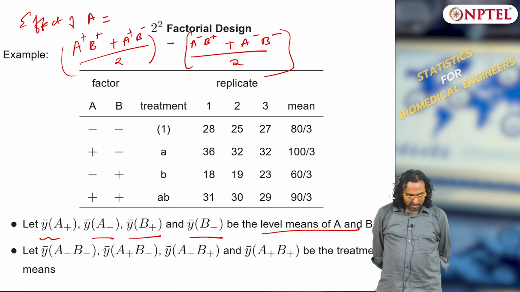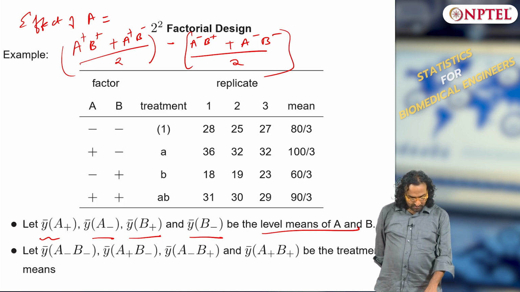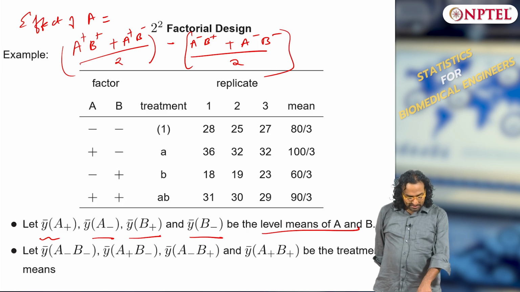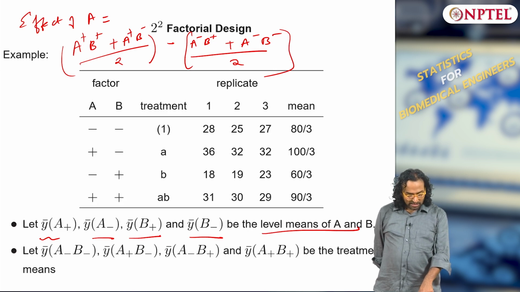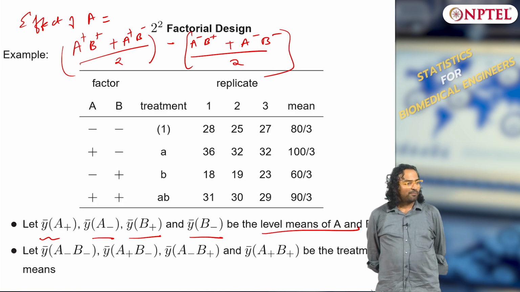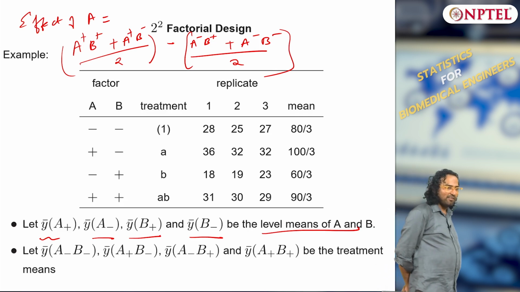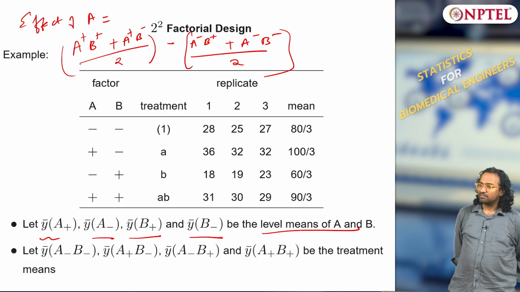Have the data, look at it. 100 by 2, how did you get 100? 36, what are the first A plus values? 36 is A plus and then 31, right? So 36, 32, 32, 3 of them, and then 31, 30, 29. It is y bar A plus, wherever A plus, you take an average, right?